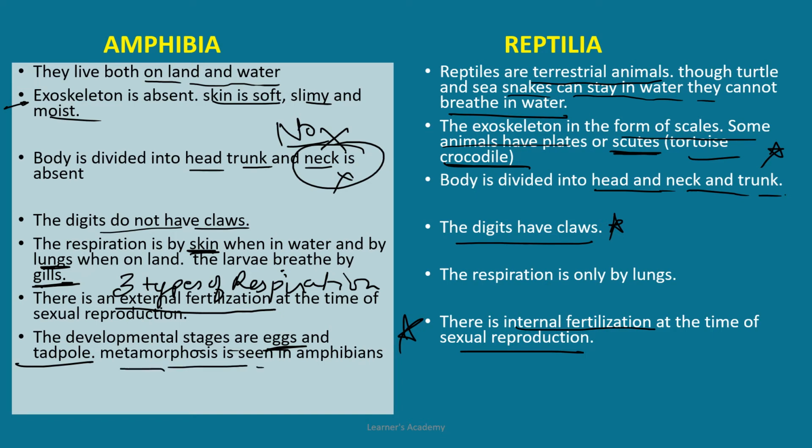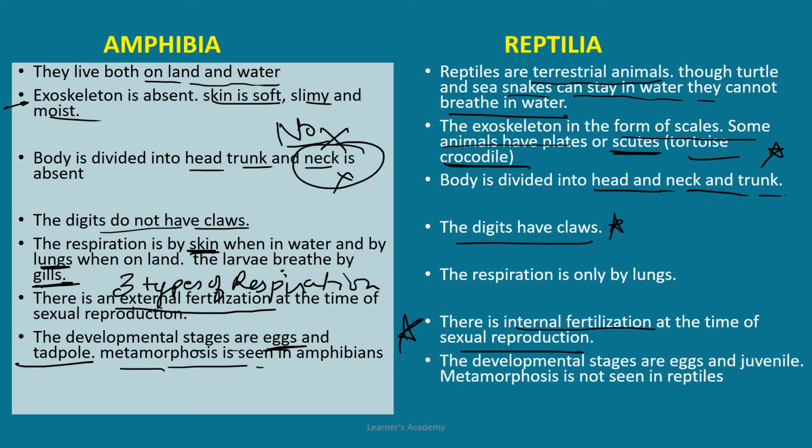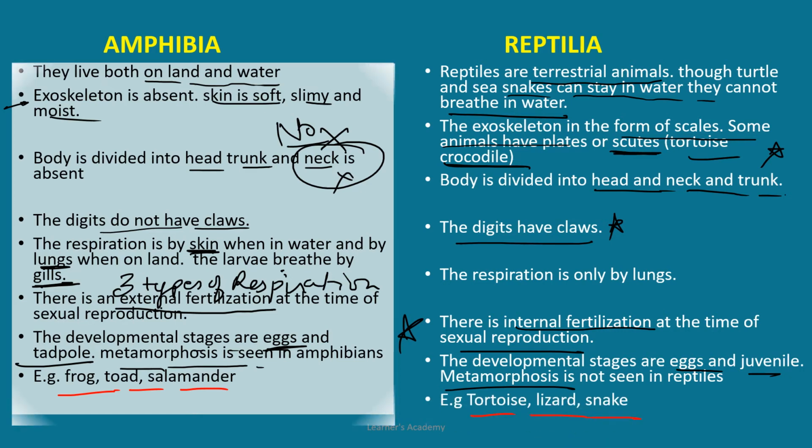In case of reptilians, the developmental stages are eggs and juvenile, and metamorphosis is not seen in reptiles. Examples of amphibians are frog, toad and salamander. Examples of reptilians are tortoise, lizard and snake.